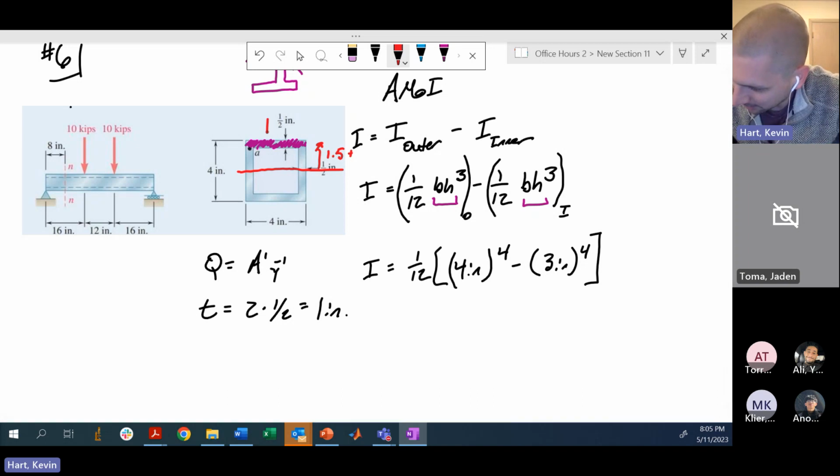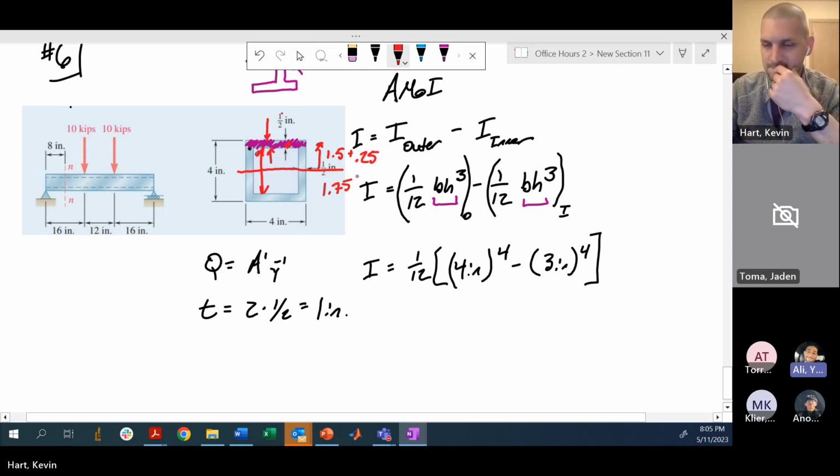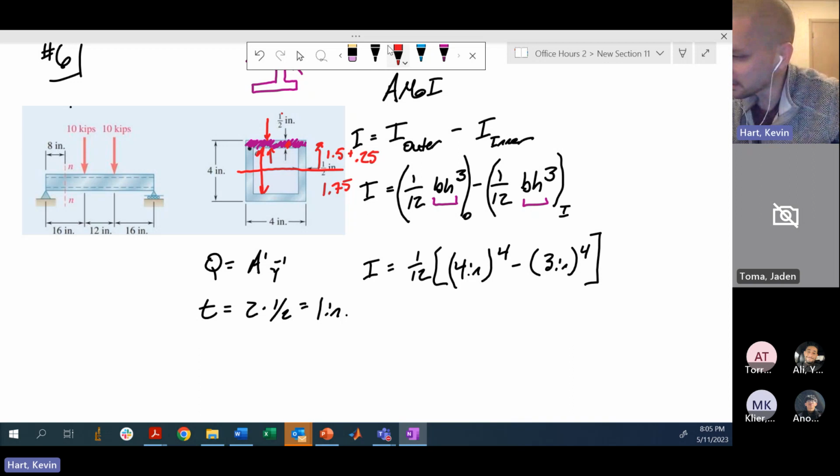Well, we know that the centroid of this particular piece is 1/4 of the way up, right? Yep. So it's 1/2 of 1/2. And then you know that this inner box is 3 inches, so this distance to the bottom of that top portion is 1.5 inches. So your Y bar prime is 1.5 plus 0.25, 1.75. Are you following that? So you could just add them. Yeah, in this case.